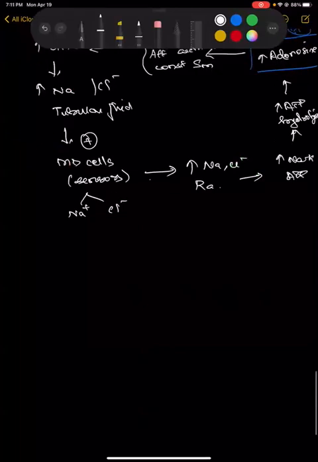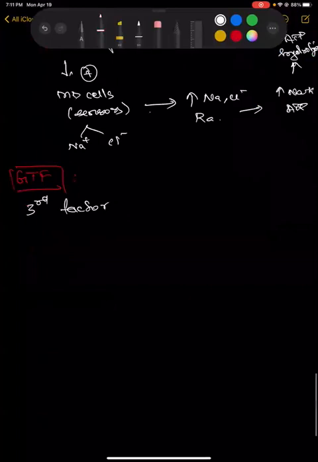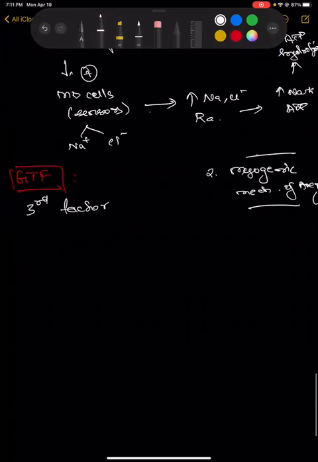The other one is the glomerular tubular feedback mechanism. This is actually considered as the third factor, because the primary factor was tubuloglomerular feedback. The secondary factor is something called the myogenic mechanism of autoregulation. But this is a very controversial place, because many studies have shown that it plays an important role in GFR regulation, but how important it is in the regulation of sodium levels in the body is debatable.